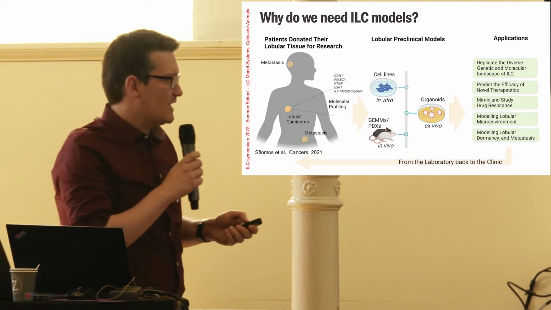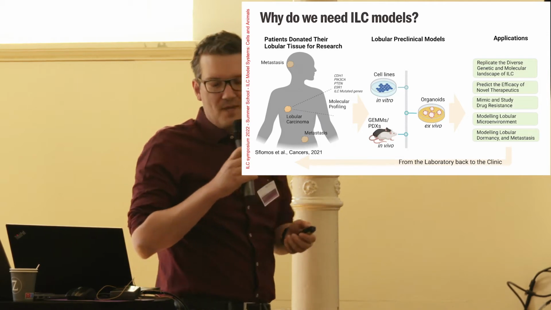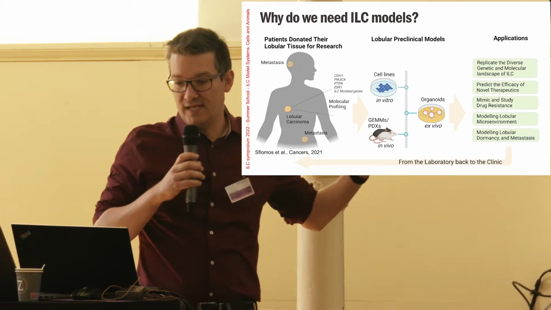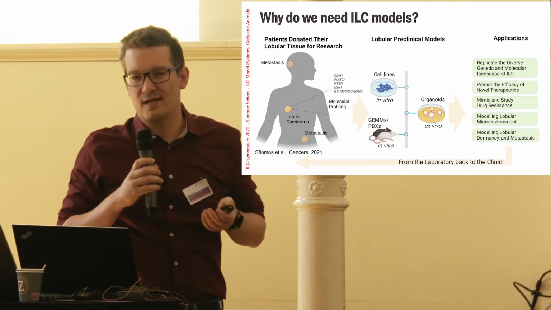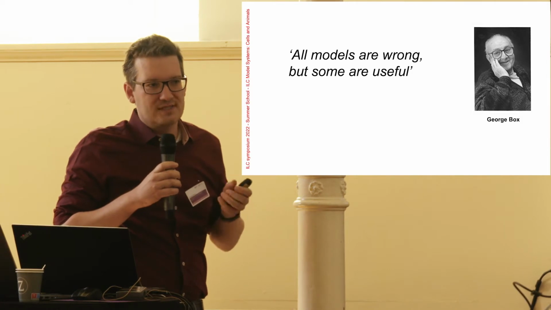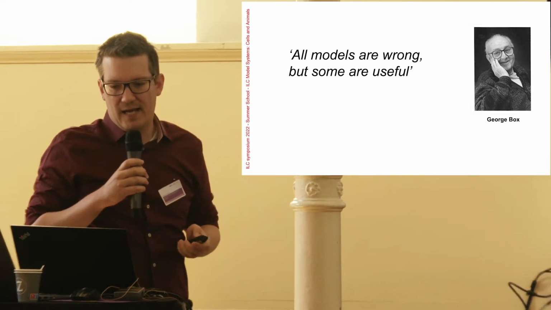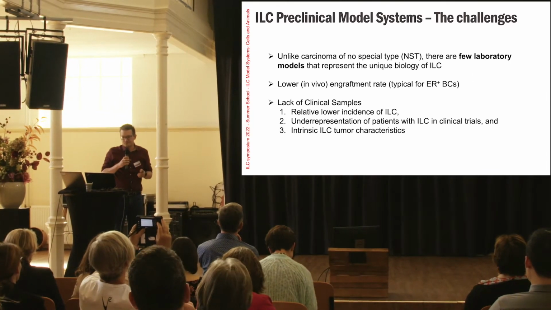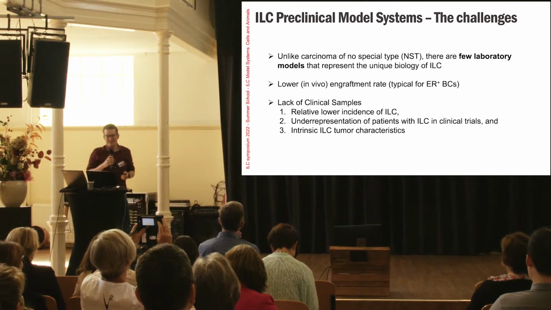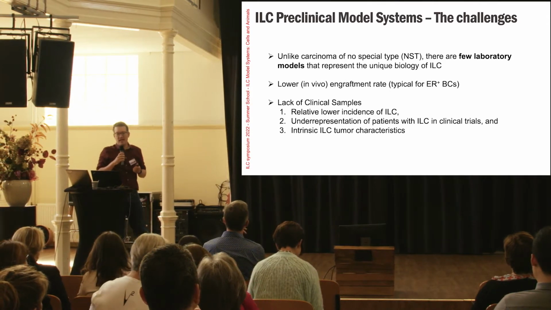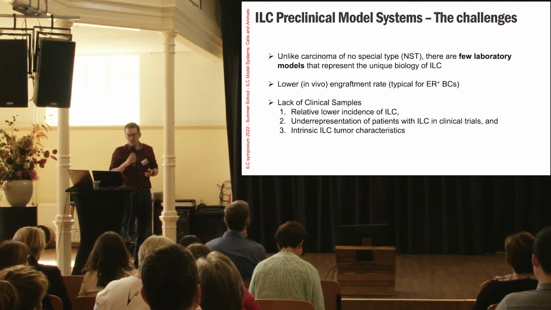Before starting, I want to paraphrase a quotation, that all models are probably wrong, but of course some models are very useful. In the case of lobular carcinoma, we unfortunately have very few laboratory models for the moment, and this is due to many reasons.